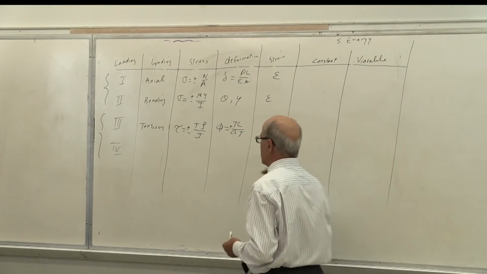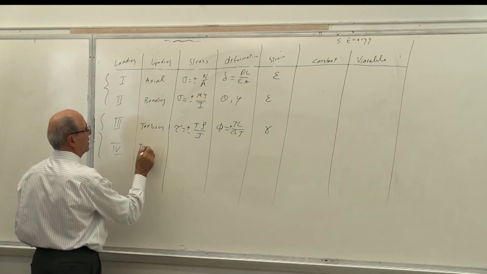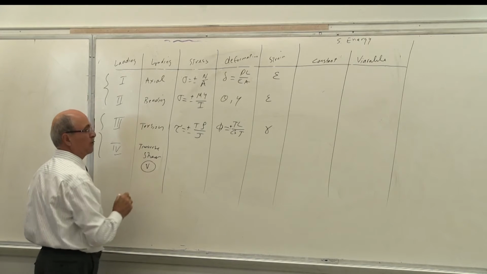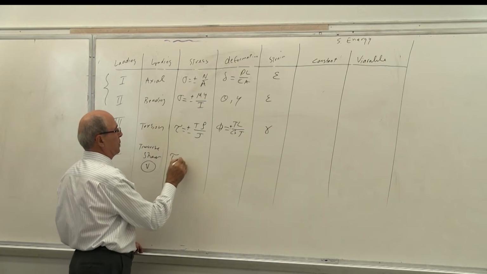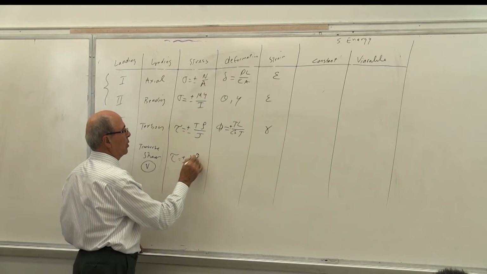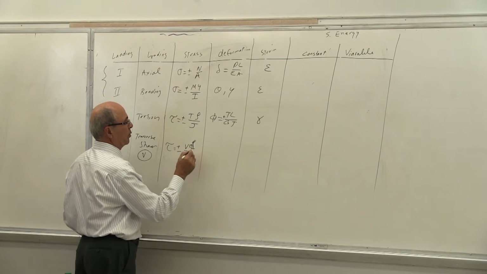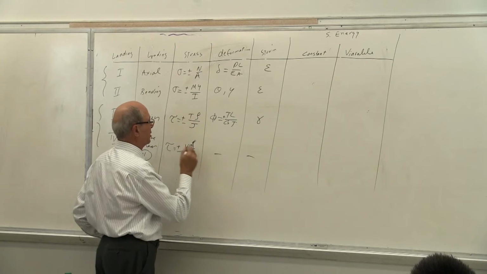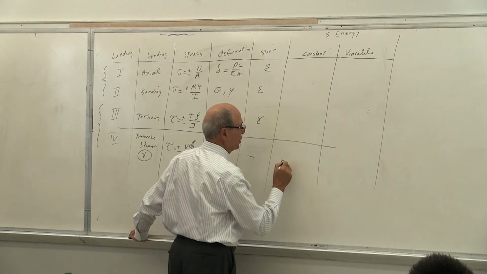And as I said, there is case 4, transverse shear, which was chapter 6: tau equal to plus or minus VQ over IT. But for this system, we never calculate that one. We are going to bypass it, or assume it is negligible.